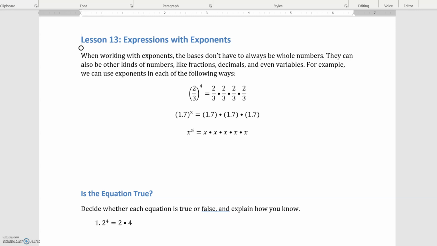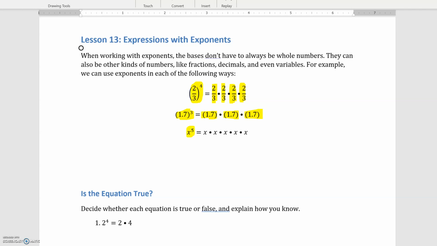I could say that 2/3 to the 4th power is just multiplying 2/3 by itself 4 times. I could say that 1 7/10 to the 3rd power is multiplying 1 7/10 by itself 3 times.